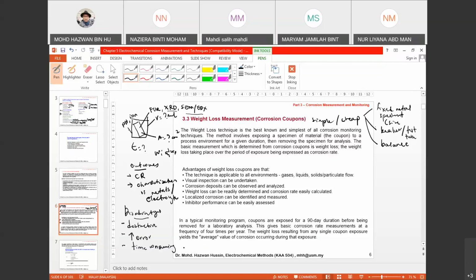Unlike the other methods that we are going to learn after this, the electrochemical techniques, that method is considered a fast method because you are inducing current and the process is being accelerated. Whereas weight loss is a naturally occurring process.